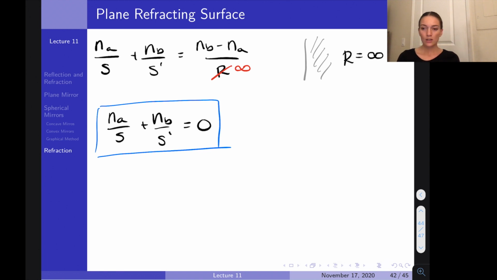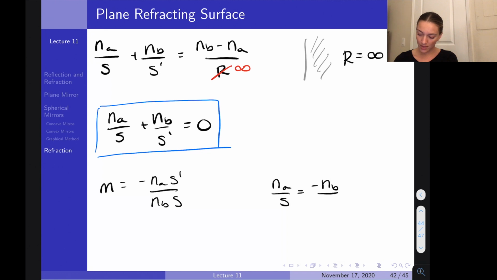the notes. Now for the lateral magnification. In the case of the mirror, we had NA S prime over NB S. But now from the equation that we just have here, I can rewrite NA over S as negative NB over S prime, right?